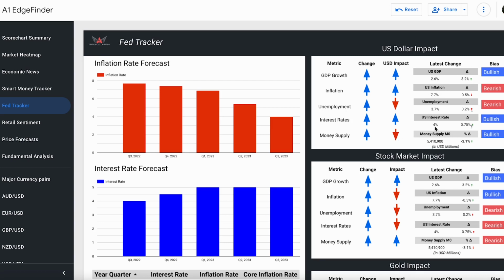Interest rates currently sit at 4%, and we believe that moving into Q1 at the beginning of the year, interest rates will be raised 1% up to 5% to help combat this high inflation and hopefully bring it down to 6.9%. The software is predicting that interest rates will stay at around 5% as inflation continues to move down.